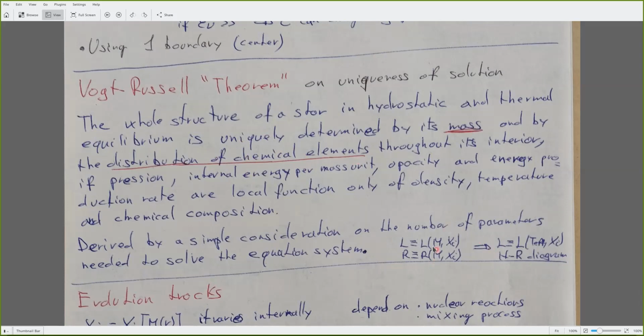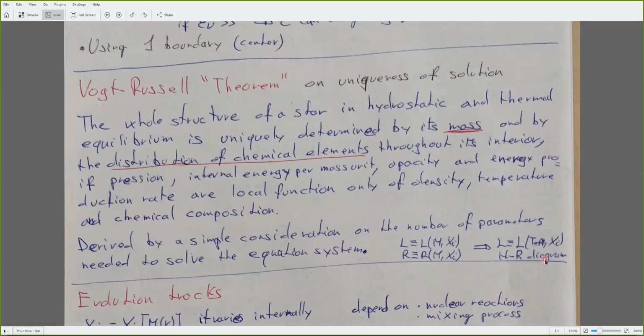This also means that since the luminosity and the radius depend only on mass and composition, we can change it a little and say that the luminosity can be described by the effective temperature on the surface and the composition. That is actually the Russell diagram.